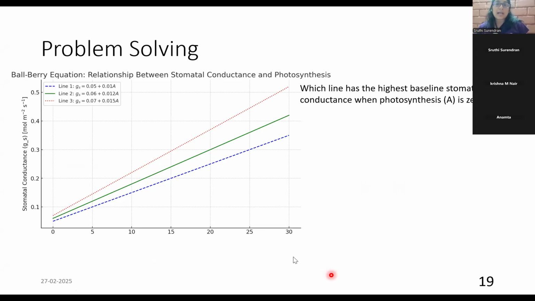So out of this, which plant has the highest baseline stomatal conductance when photosynthesis is zero? Just observing the graph, a pretty simple exercise.